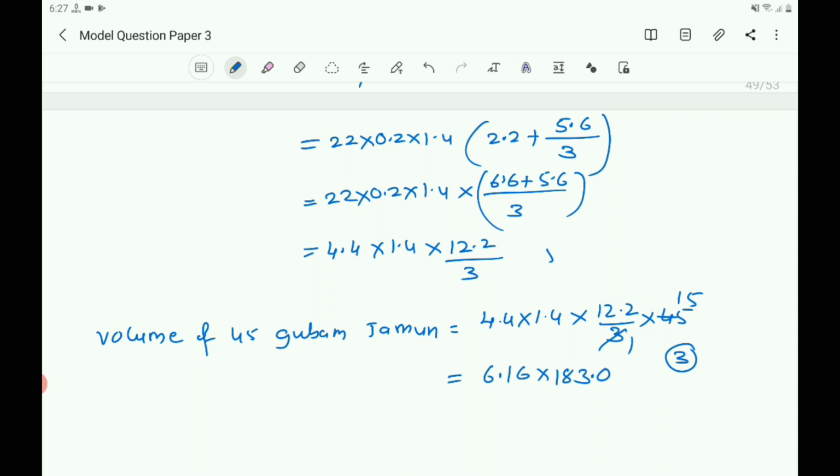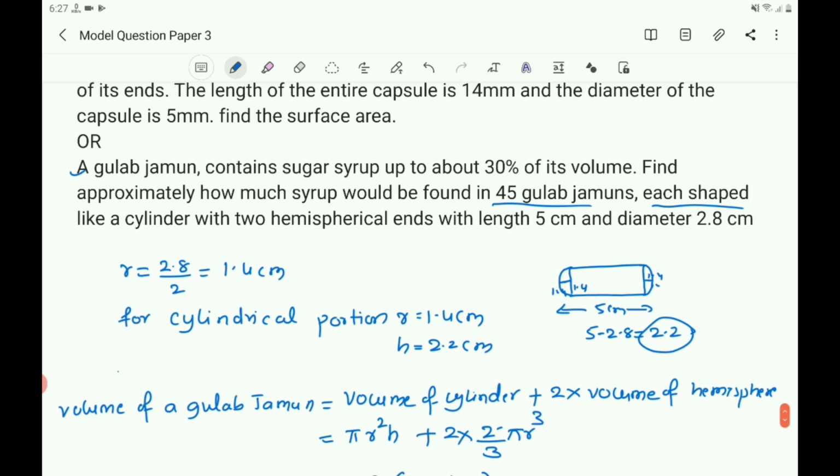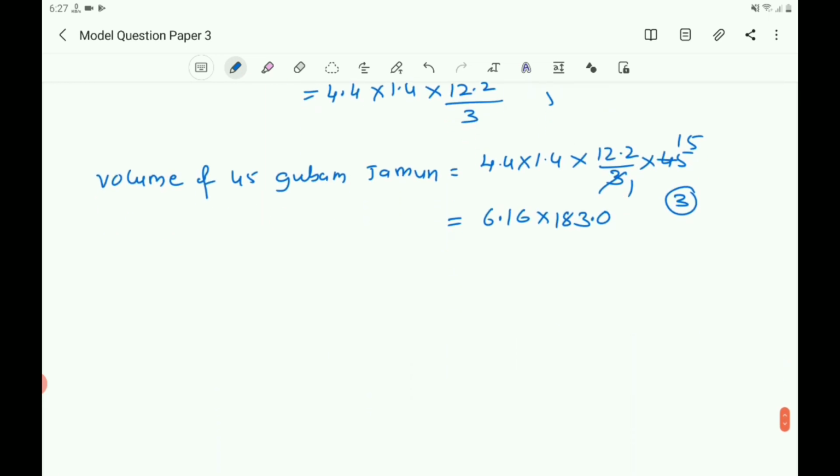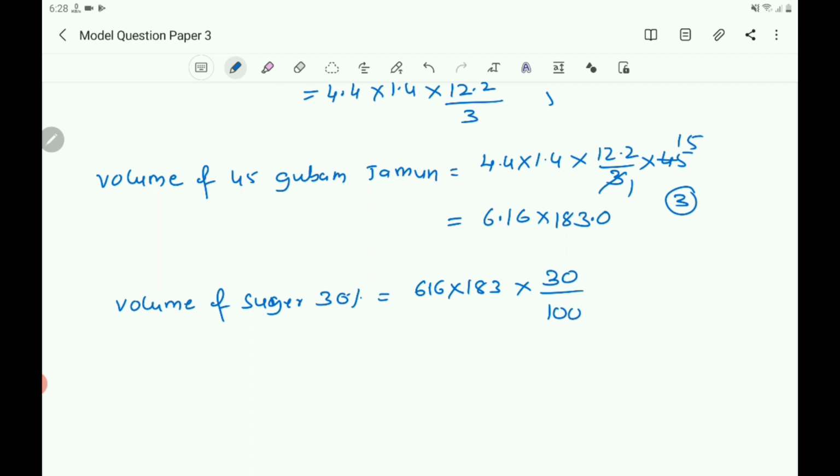Again we have to find the percentage of sugar. So that is here the amount of sugar, volume of sugar percent means 6.16 into 183 into 30 by 100.